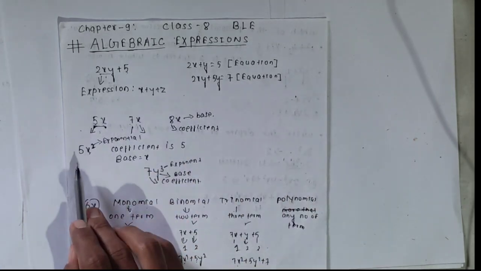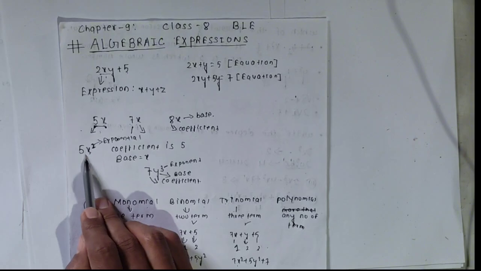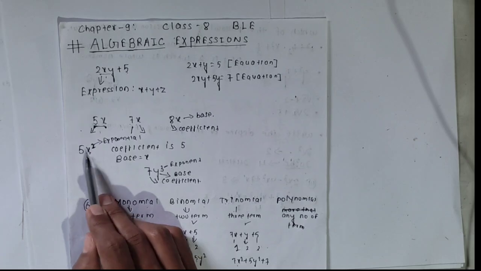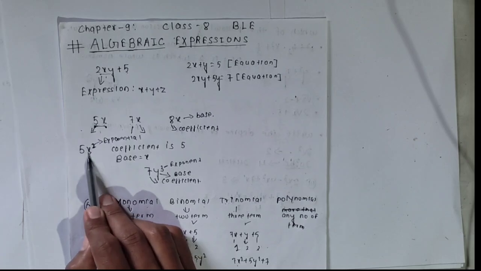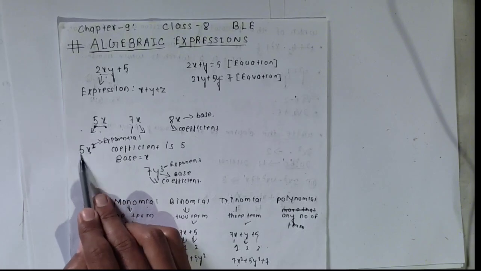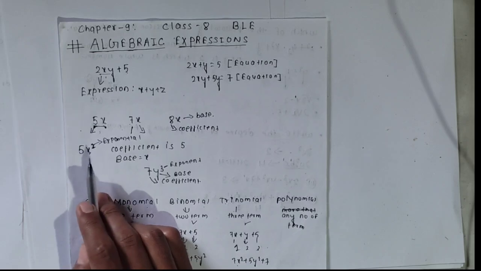In 5x squared, what is the letter here? x. So x is the base. And what is the coefficient? The coefficient is the number in front of the base. Here in front of the base is 5, so 5 is the coefficient. It shows how many times the variable is multiplied.